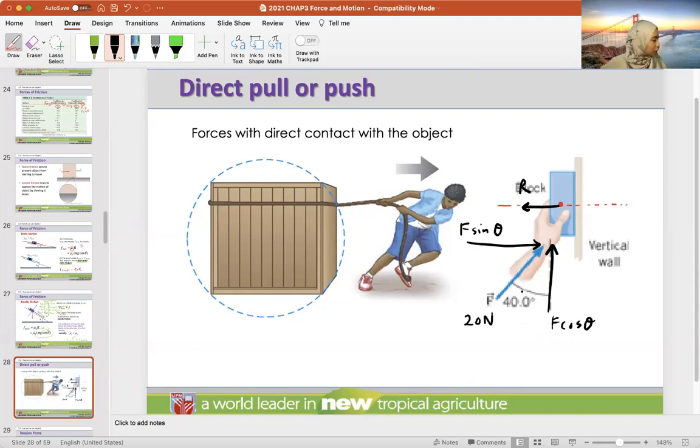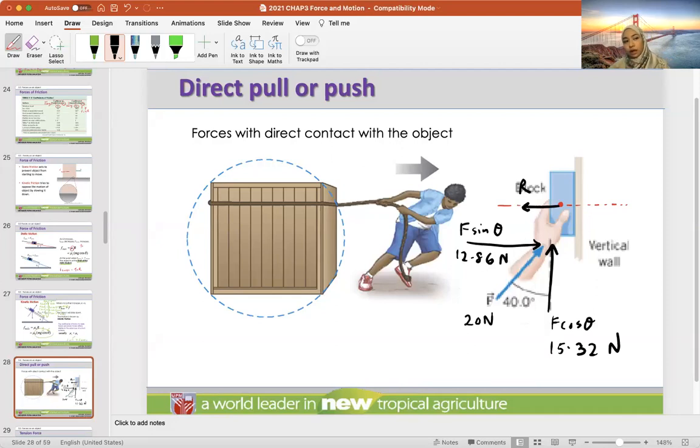Okay, so this 20 Newton, when you resolve it, cosine 40 times 20 Newton. So you are actually pushing 15.32 Newton upwards, and you are pushing sine 40 times 20. You are pushing by 12.86 Newton to the right.